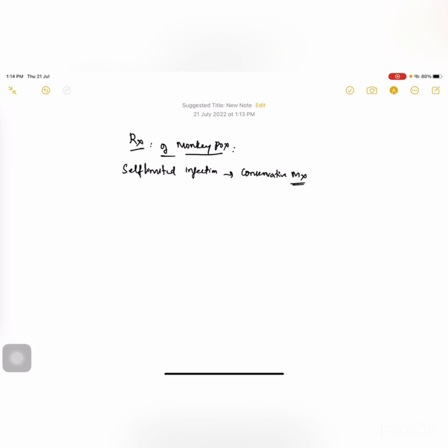We have to treat the dehydration part, and we have to treat the complications. The drugs which could be useful are tecovirimat, which inhibits p37 nuclear protein, and brincidofovir. These are the 2 drugs which could be useful.